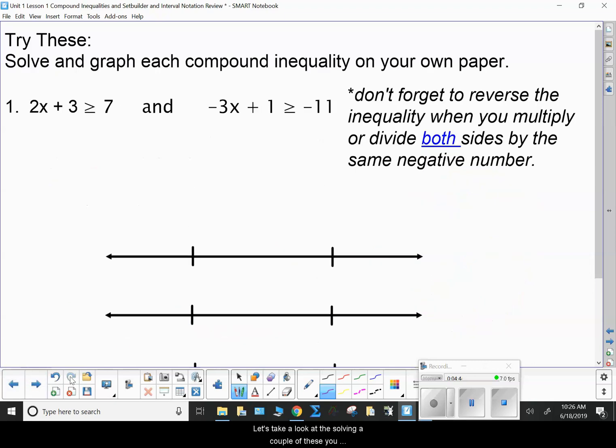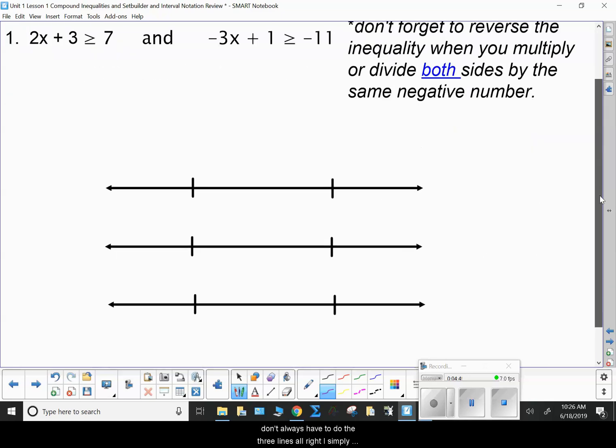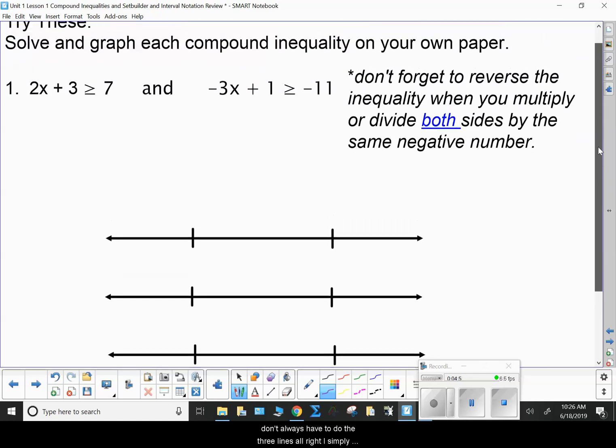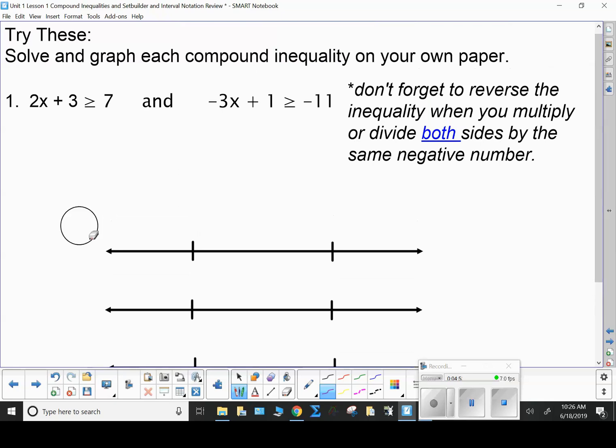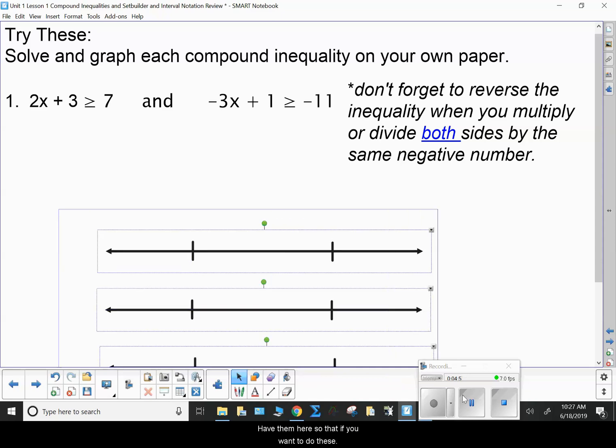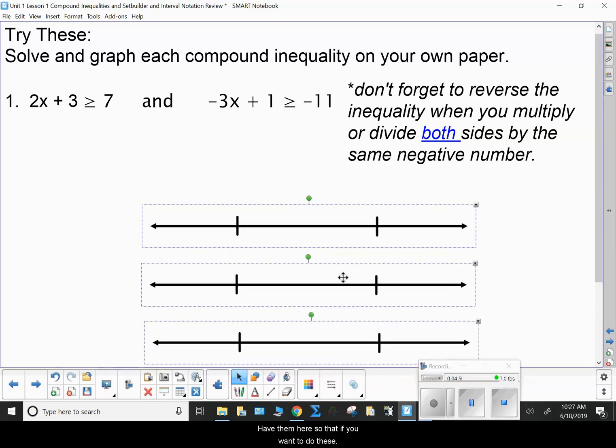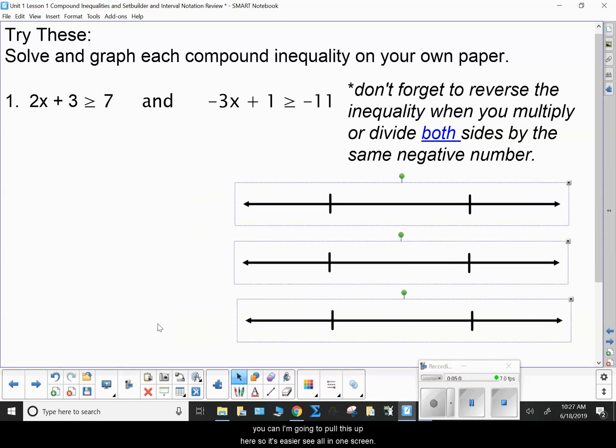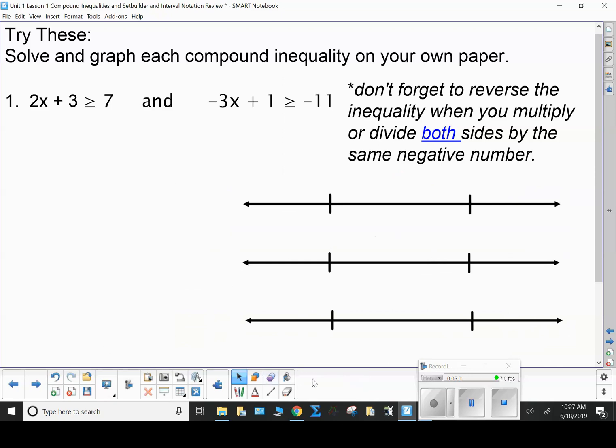Now, let's take a look at solving a couple of these. You don't always have to do the 3 lines, all right? I simply have them here so that if you want to do these, you can. I'm going to pull this up here so it's a little bit easier to see all on one screen.